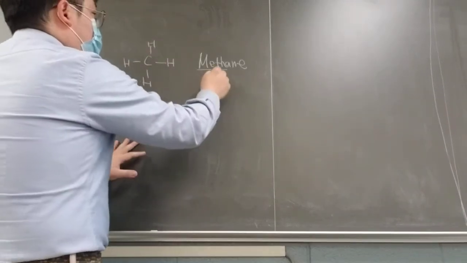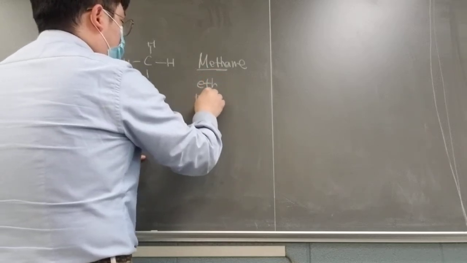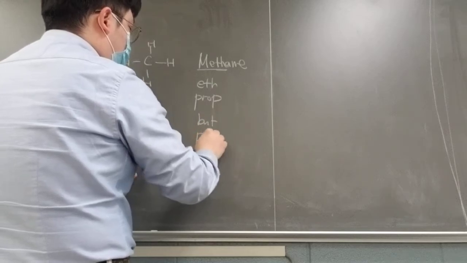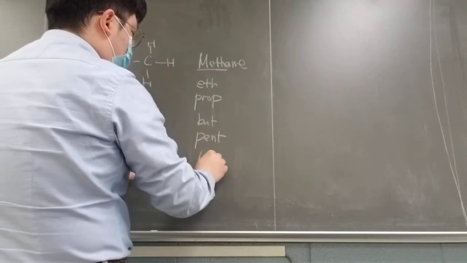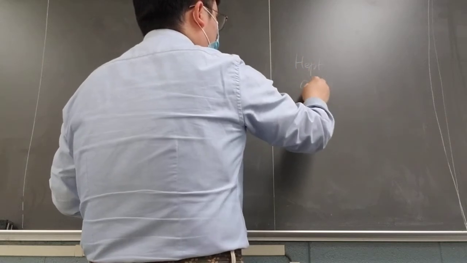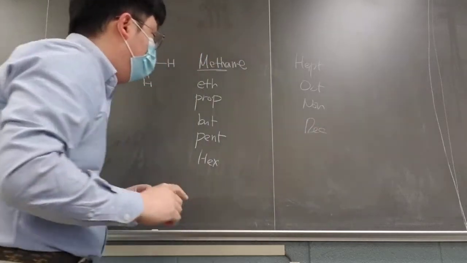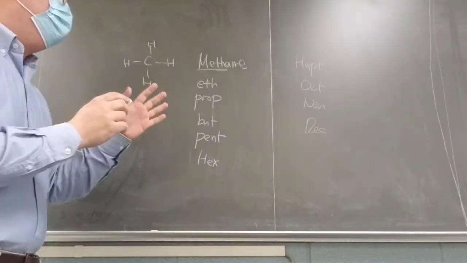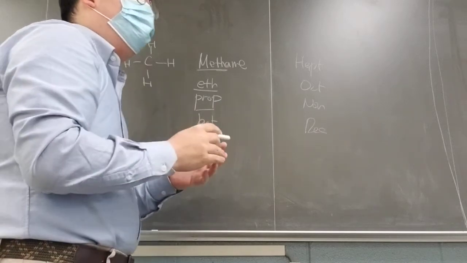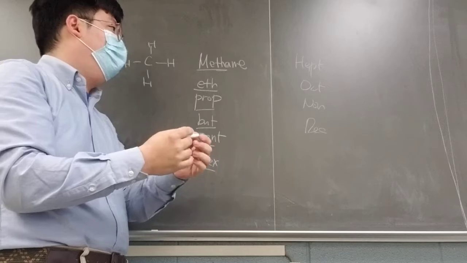So this is meth, eth, prop, but, pent, hex, hept, oct, non, dec. Those are the ones that tell you how many carbons there are in the longest chain in your compound.